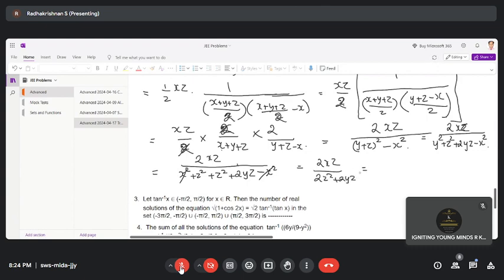Take out 2Z and divide all the terms by 2Z. So you get X divided by (Z plus Y), that is X by (Y plus Z). This is what is given. So that means that option is true. C is true.